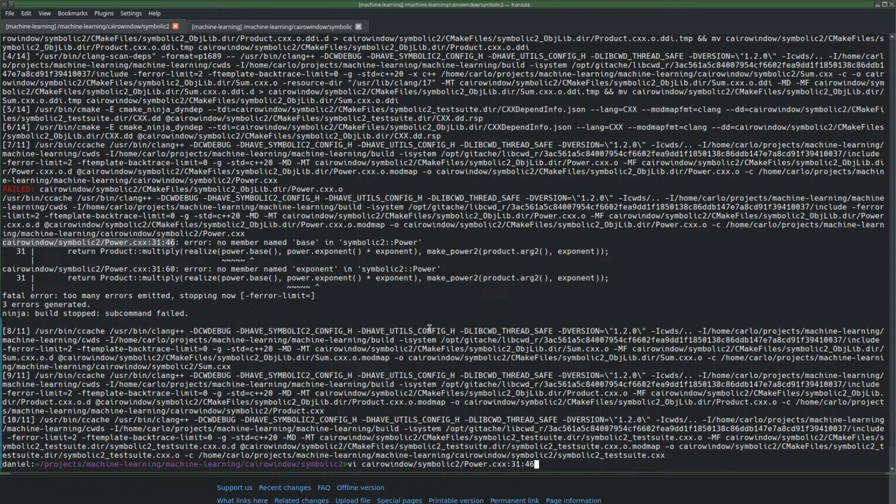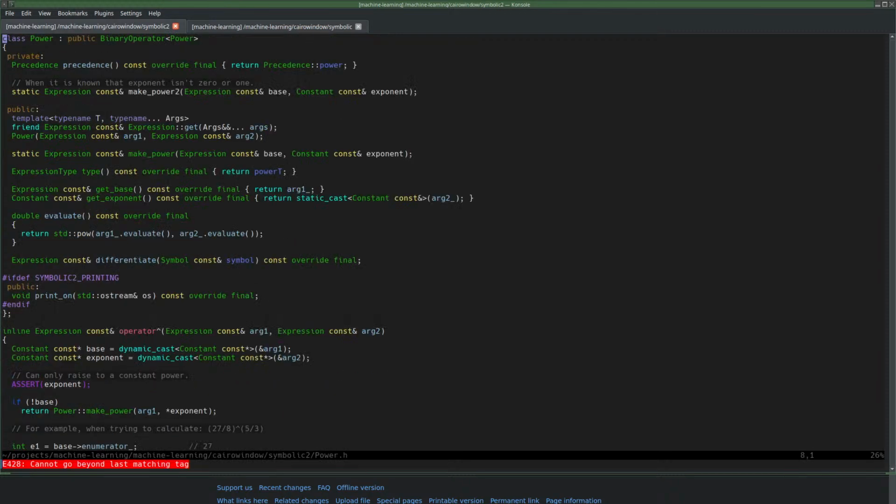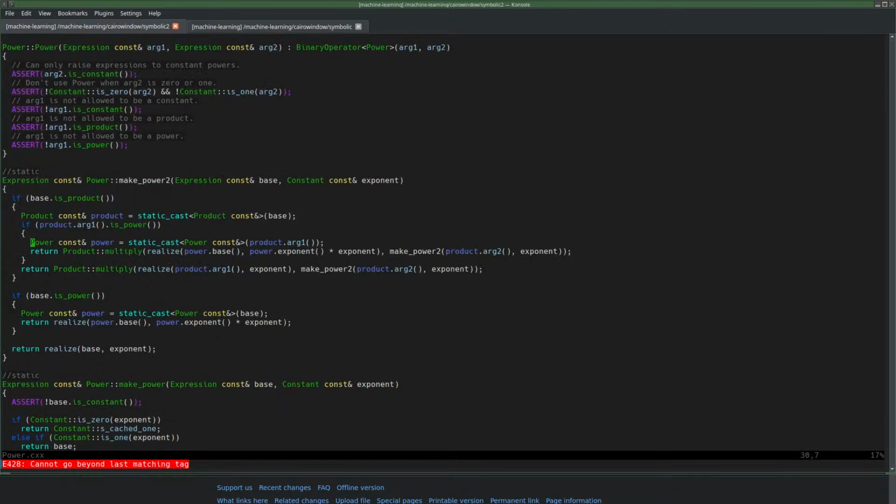You gotta be kidding me. Get base. I guess also get exponent then. Especially because now it's white and now I do this, it's green.